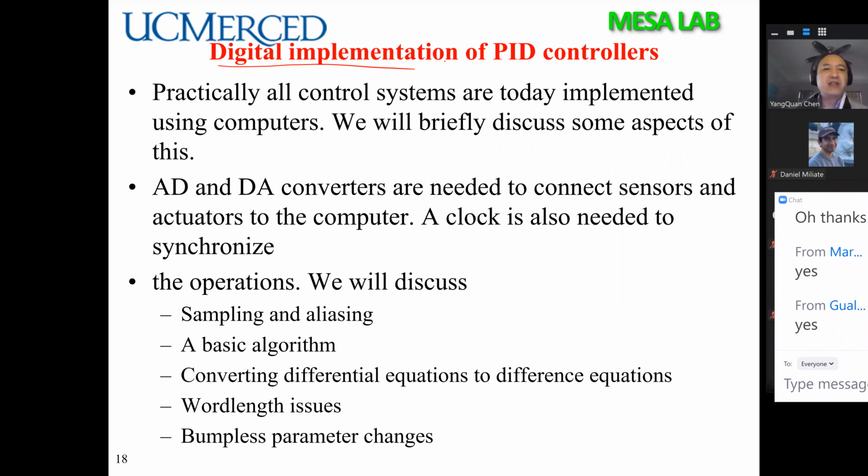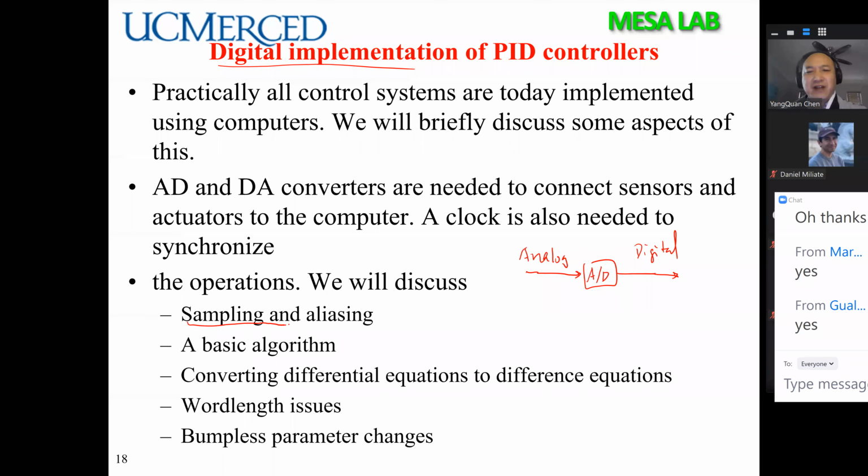So digital means you have an analog signal. You need to go through a chip. That chip will act as an AD converter so that this becomes a digital signal. In our textbook, we have a dedicated section explaining how this works. Then we need to talk about sampling, how fast we sample.